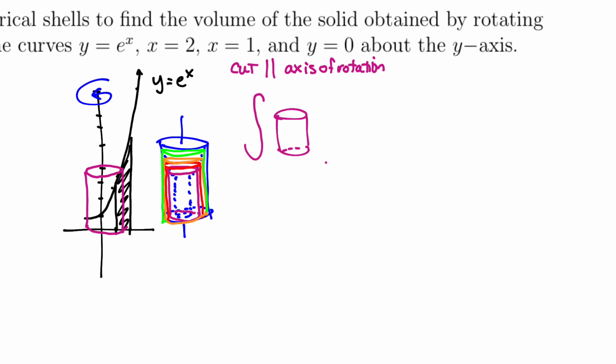Do you see that? Which allows us, instead of having to integrate with respect to y and change everything over into the natural log, to integrate with respect to x. Cylindrical shells allow us to keep x as our variable of integration, which makes my limits really clear: they're just 1 to 2.